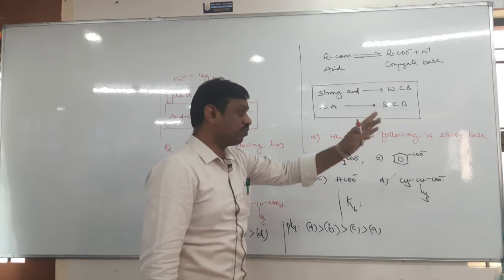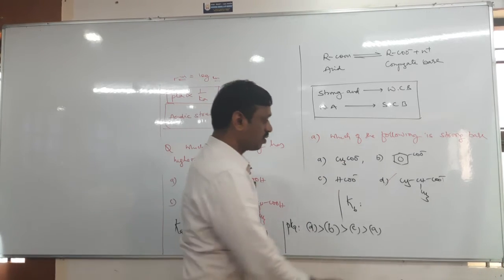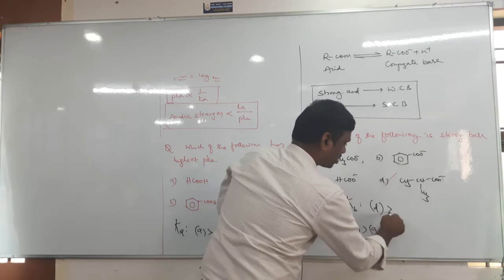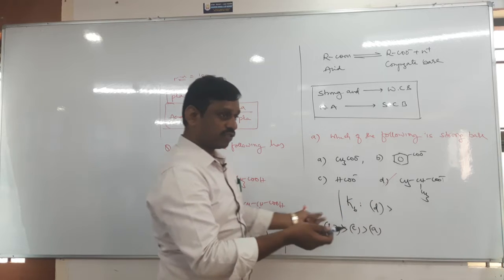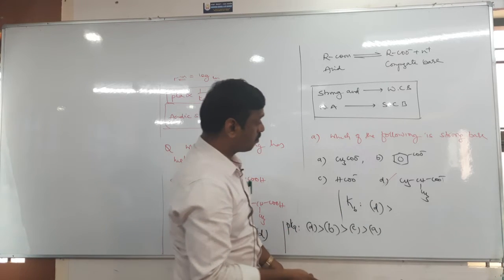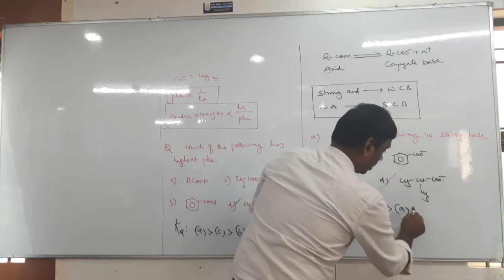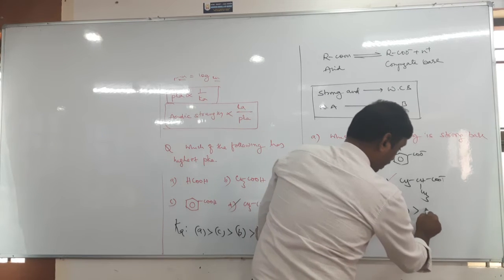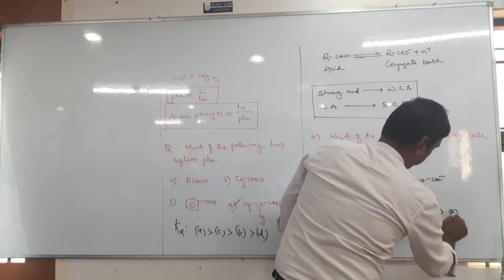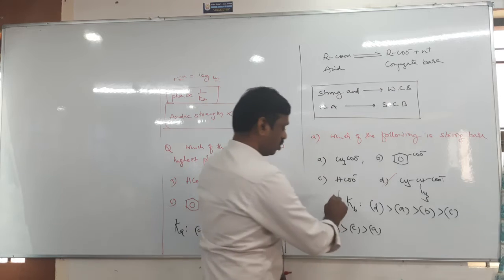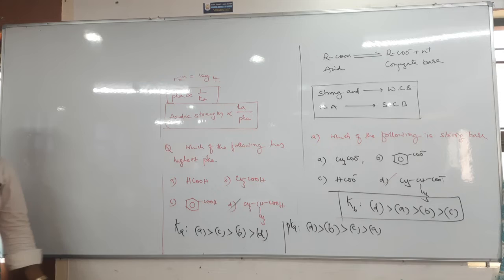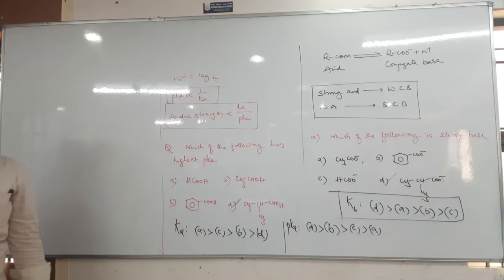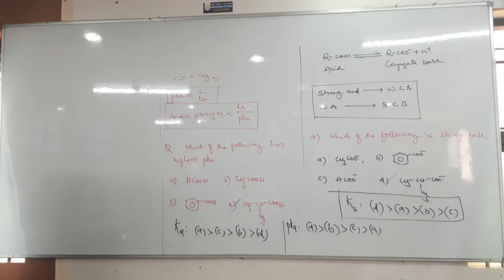Tell me, among these, which is the strongest base? Of course D is the strongest base, because it comes from the weakest acid. Next after D is A, next is B, next is C. In this way you can identify which is the strongest conjugate base and which is the weakest.